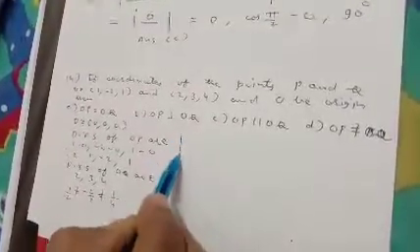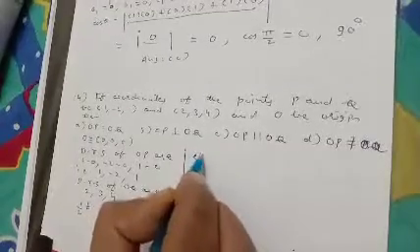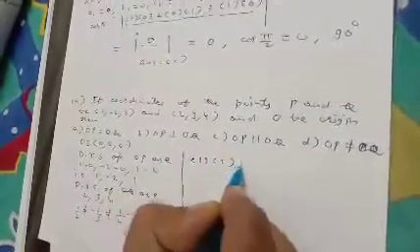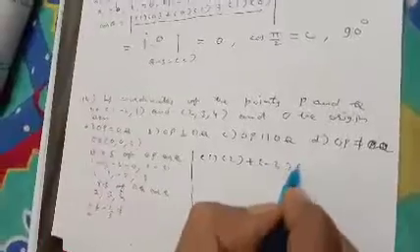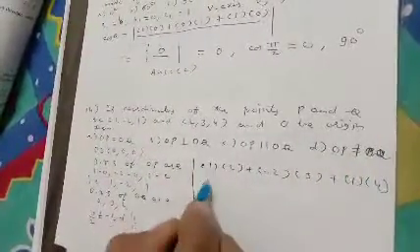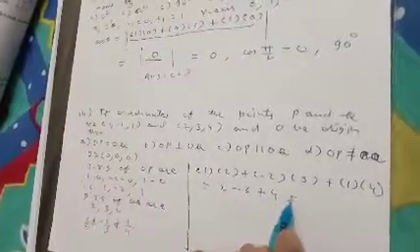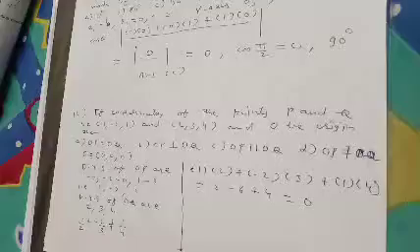Now find the sum of products of direction ratios: 1 into 2 plus minus 2 into 3 plus 1 into 4. 2 minus 6, 4; 6 minus 6, 0. The sum of products of direction ratios is 0.